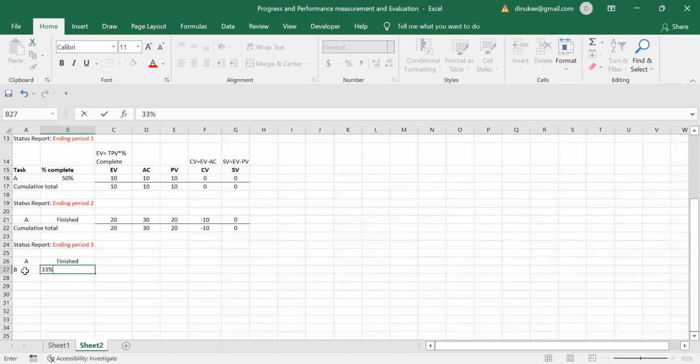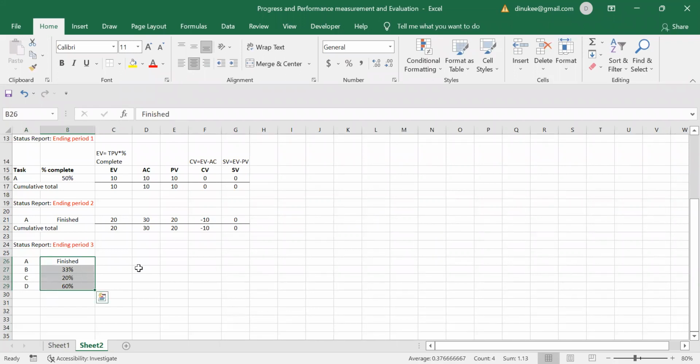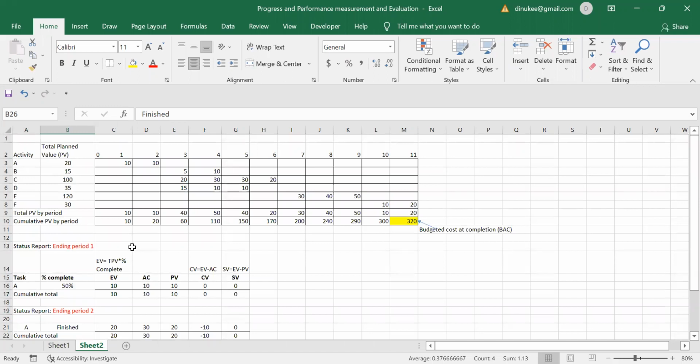The next one, activity C, is going to be completed by 20%, and activity D by 60%. Can you see that in this ending period 3, you are given several activities? They have given that activity A is now finished.